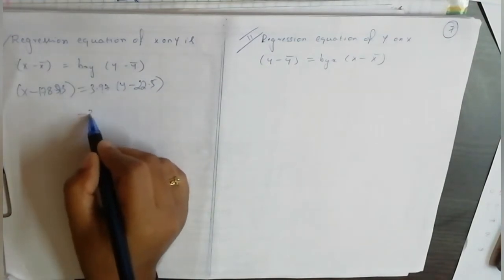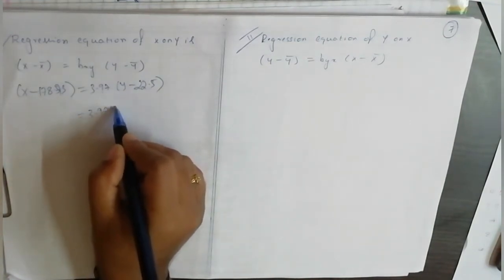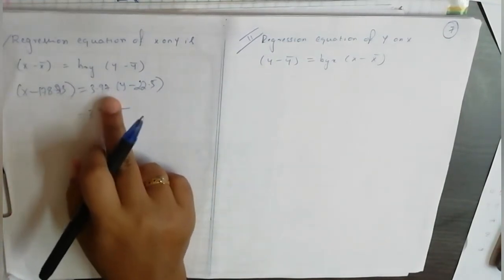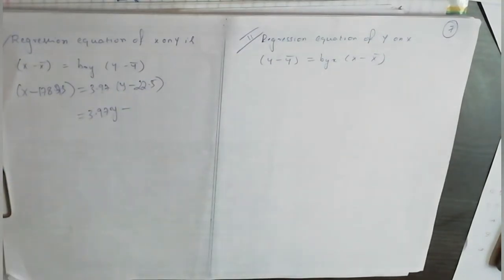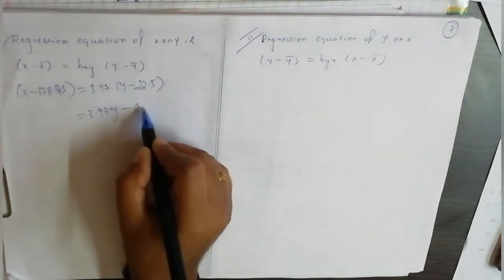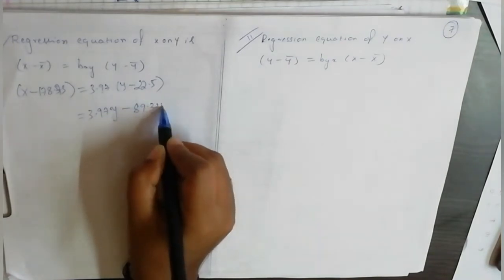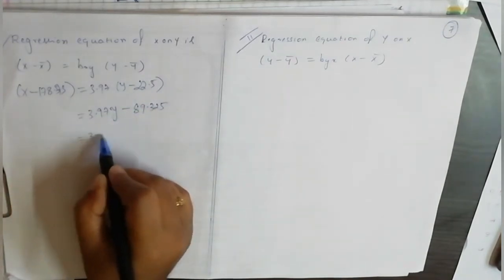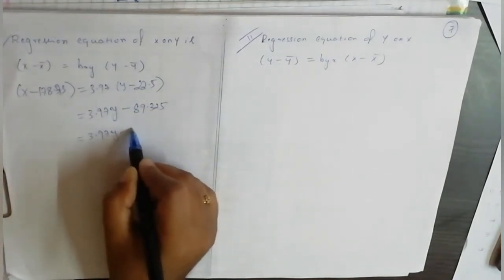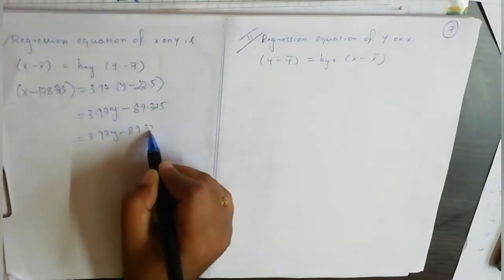Okay, so now open the bracket, 3.97y minus 3.97 into 22.5, that is 89.325. So now 3.97y minus 89.325.